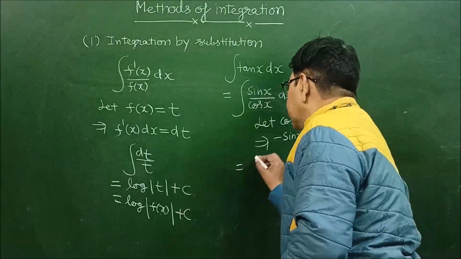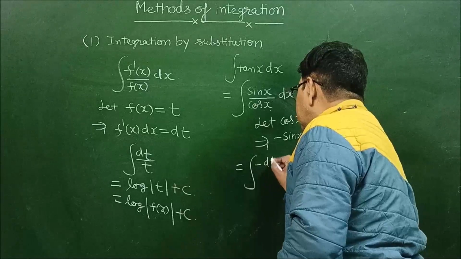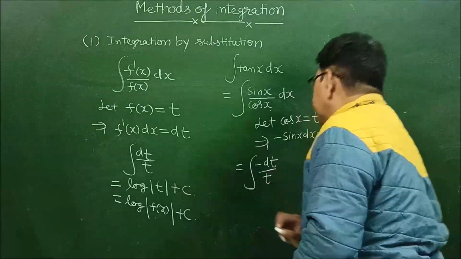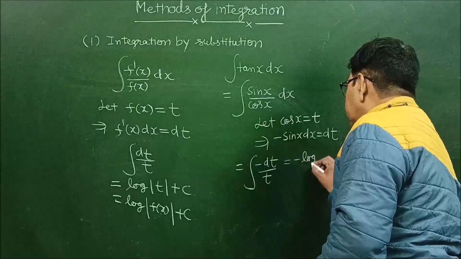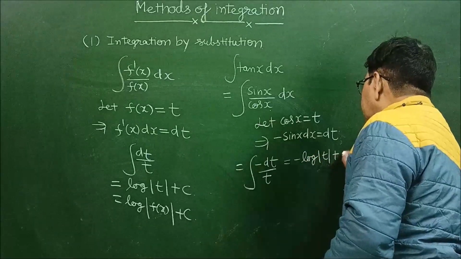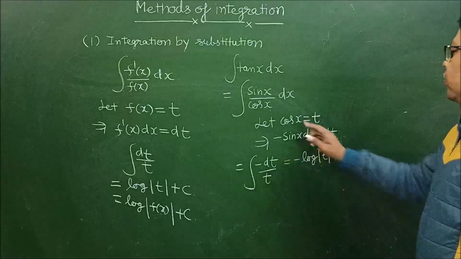Now sin x dx can be replaced by minus dt. So I can write this as minus dt upon t, which is equal to minus log mod t plus c, and the value of t is here cos x.